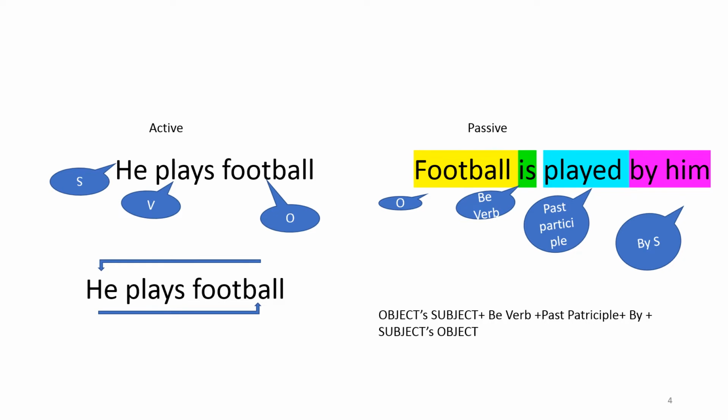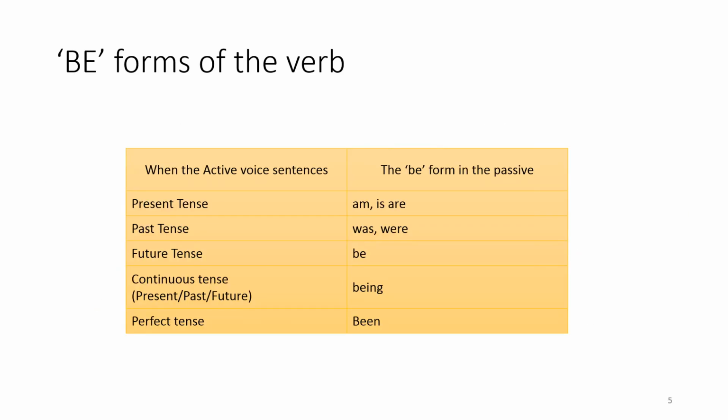In this example I have given the present indefinite tense, and the subject is third person singular number. That's why the be verb is is there. Now let's see the various forms of the be verb.